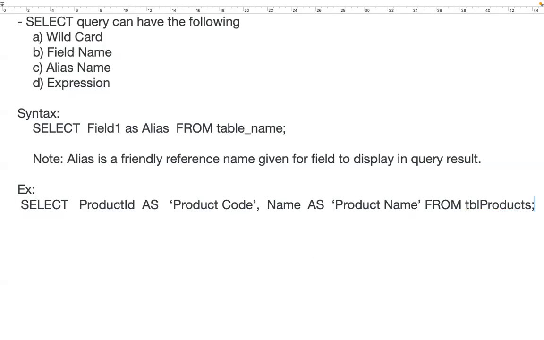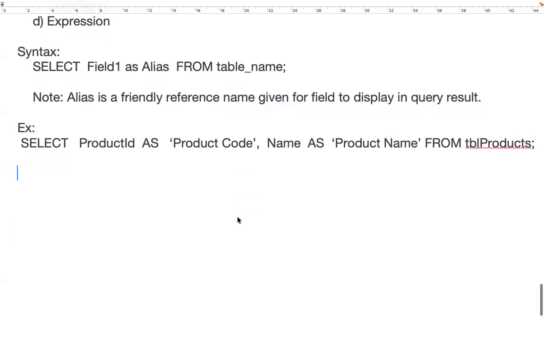If you don't define the alias names, the same field names are displayed in the query result.